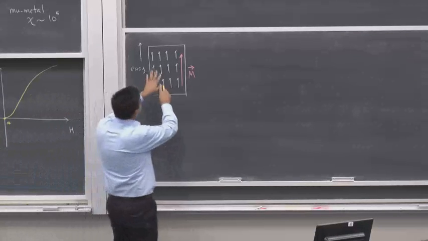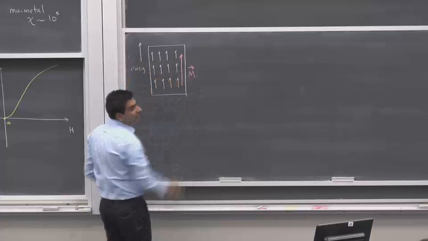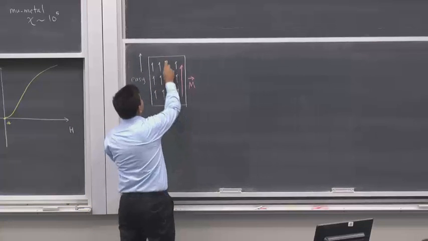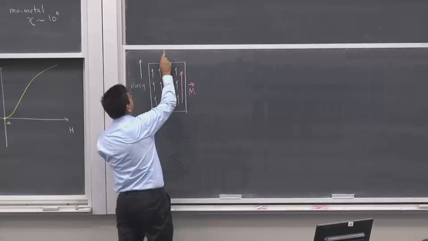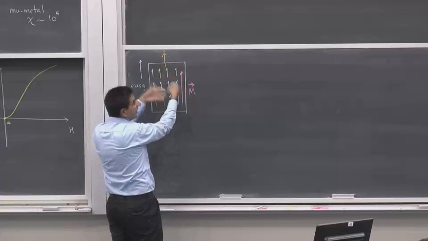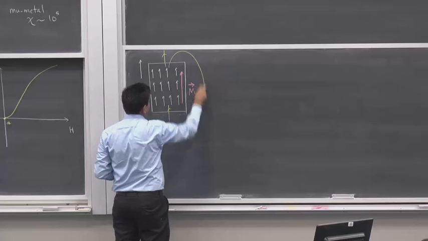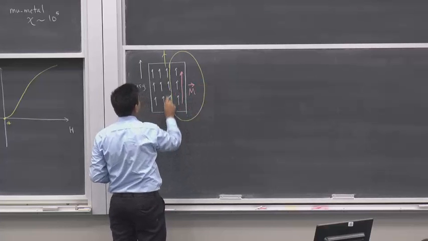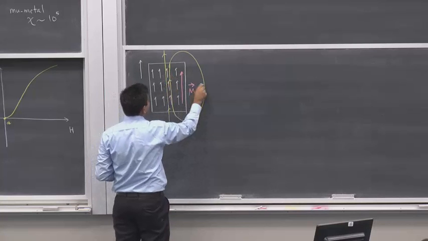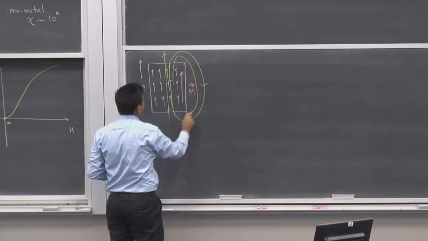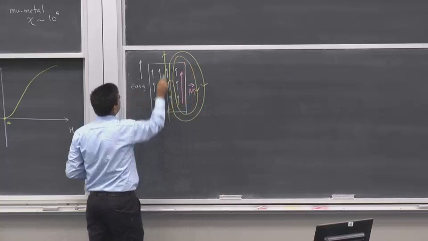If you draw the magnetic field around this crystal of iron, the field is going to come out like this because it's a giant dipole. It's going to come in like this and circulate around, and the field lines have to be closed. So the field pattern is going to look something like this.